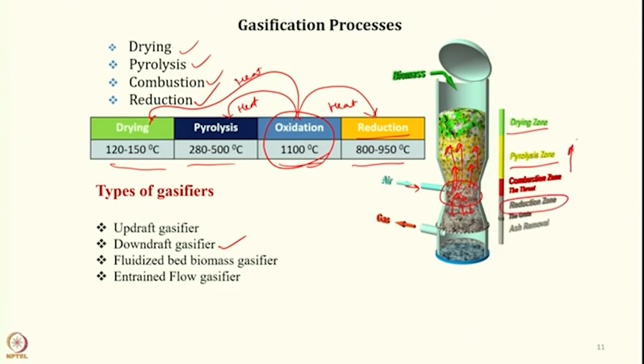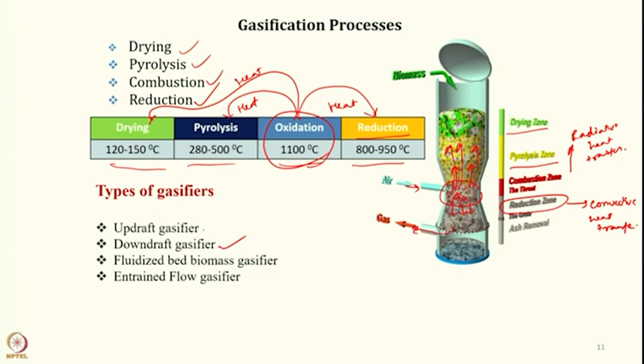So the upper side has radiative heat transfer, and in the reduction zone it is mostly convective heat, because the hot gases carry the heat to the charcoal and supply a bulk amount of heat, because it requires a lot of heat to convert the solid carbon into gases. It is a slow process, so the temperature has to remain high. Pyrolysis can happen at 200, 300, that is fine. So this is the typical process, and then from the bottom we draw the gases.